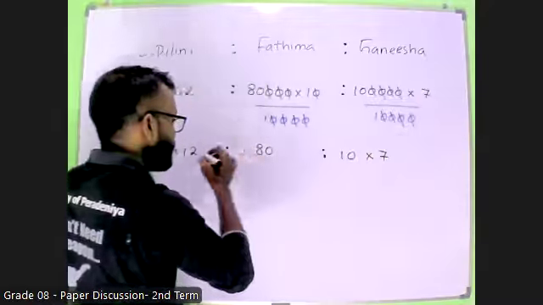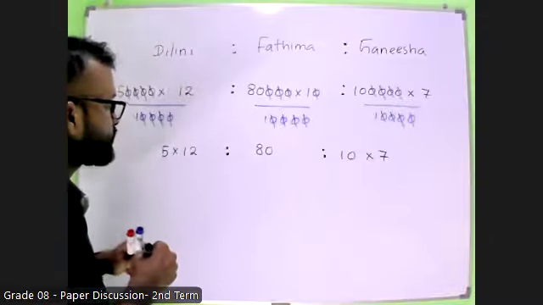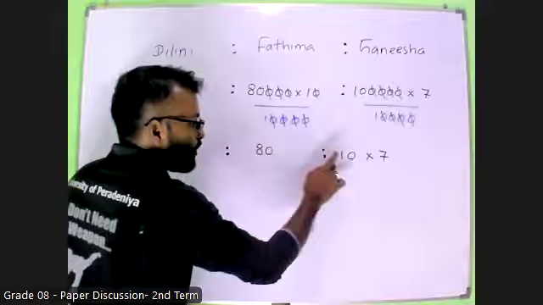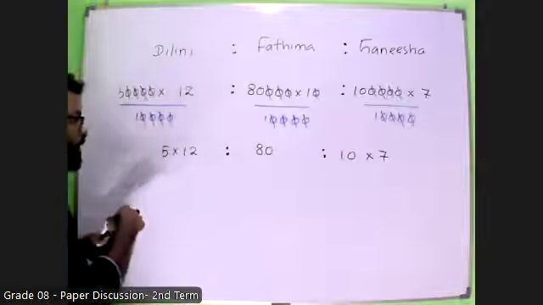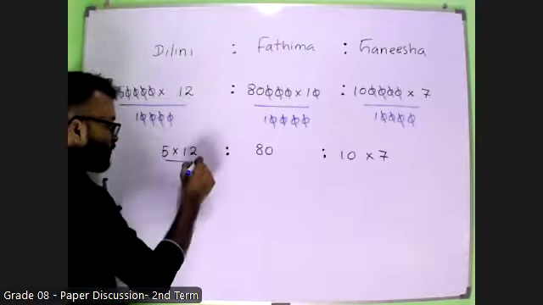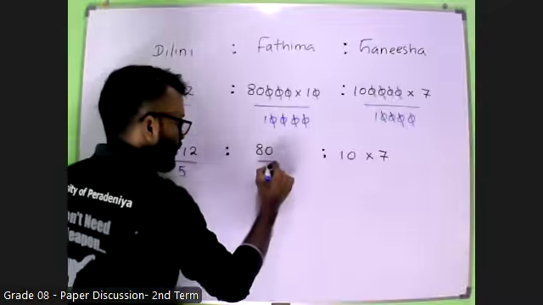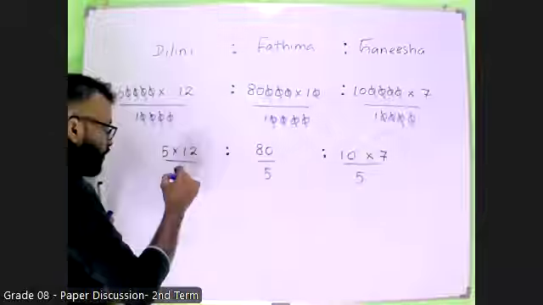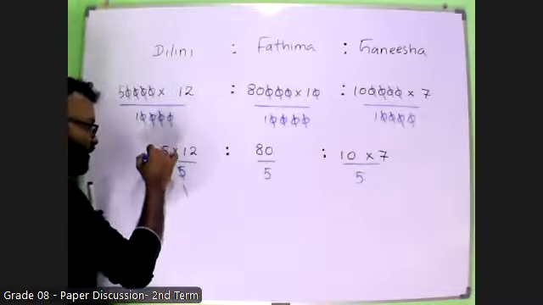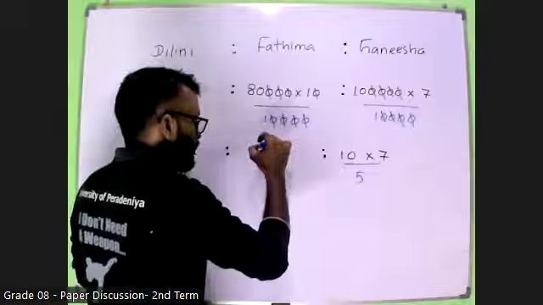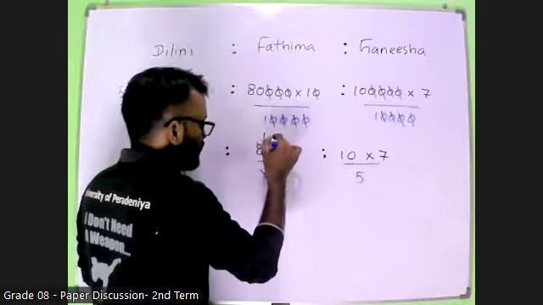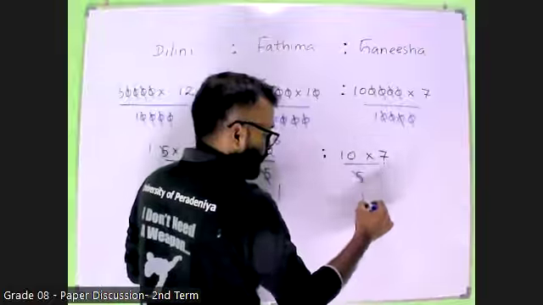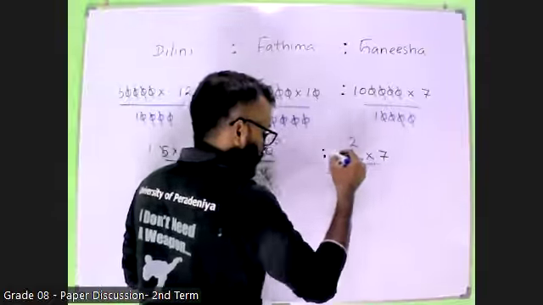Can we simplify this furthermore? Yes, because I have 5 here. 80 can be divided by 5, and 10 can be divided by 5. I will divide each and every one by 5.